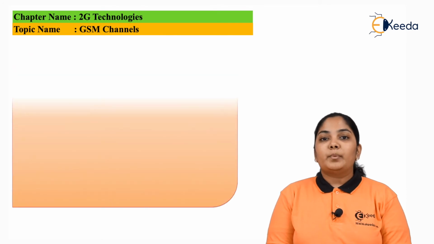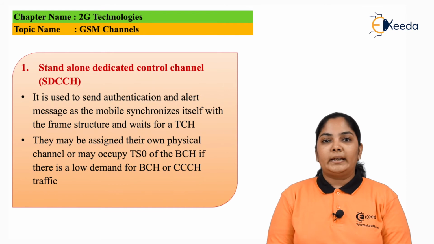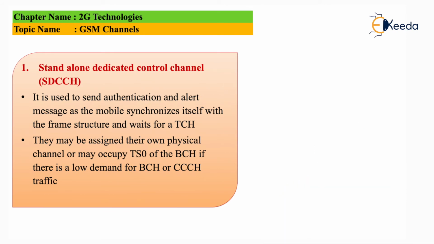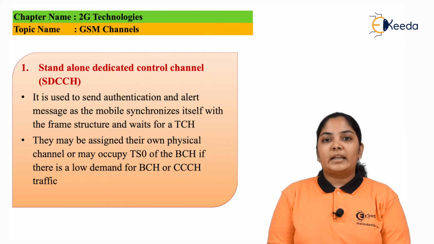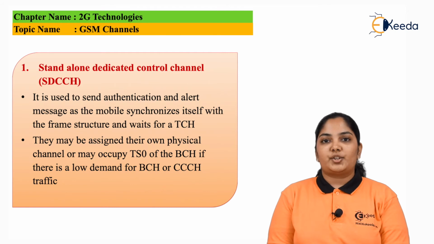The first type of the dedicated control channel is nothing but the standalone dedicated control channel. This control channel is used to send authentication and alert messages when the mobile is frame synchronizing itself with the base station, and it is waiting for the traffic channel TCH to originate.